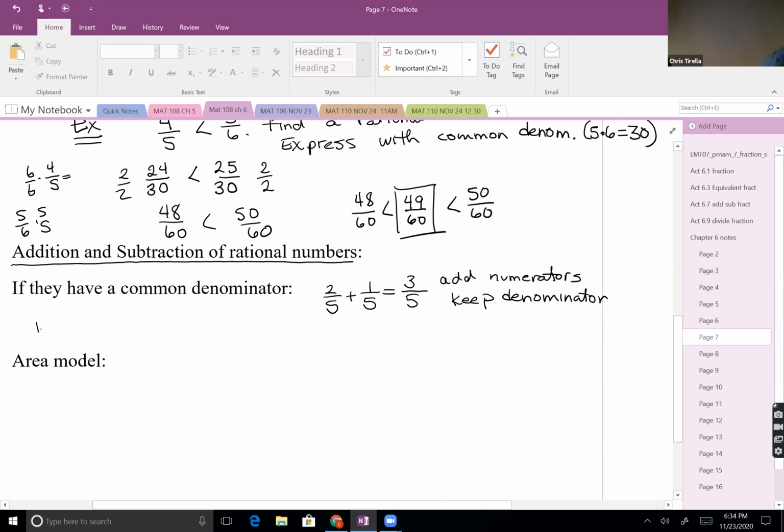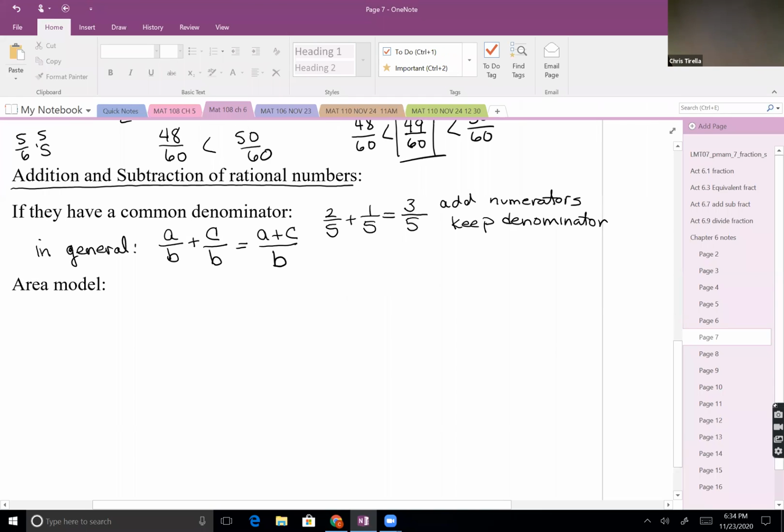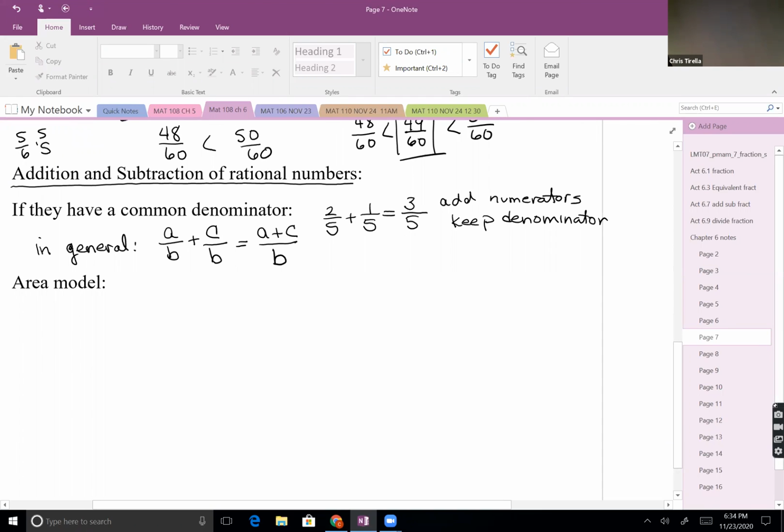And so in general, if I have A over B plus C over B, that'll add to A plus C over B. And we can show this numerous ways with our manipulatives. One way would be with an area model.